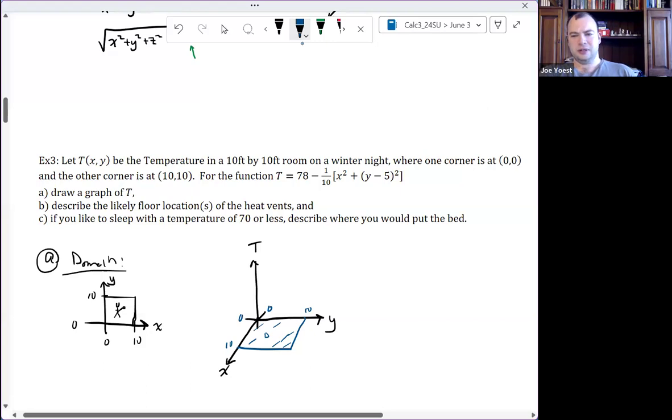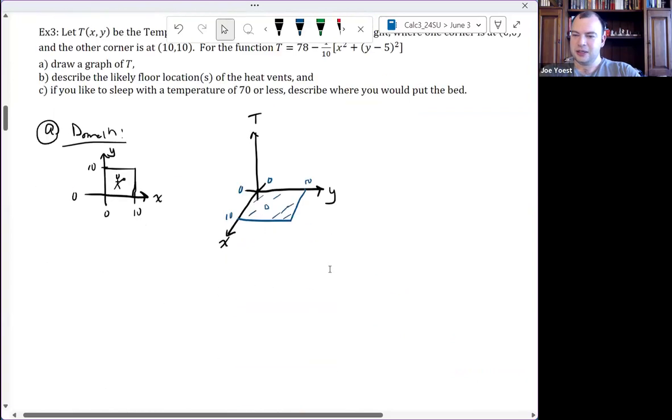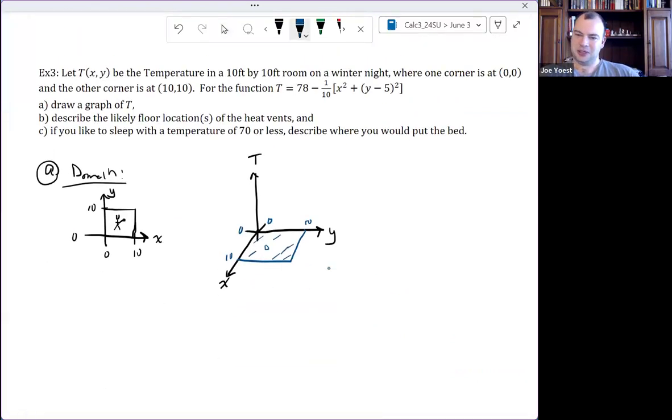And then I want a graphical representation of my temperature. So I want the surface above this domain, similar to this up here. I guess maybe I should have drawn the domain in red and the surface in blue to be consistent with the colors, but I don't think that's such a big deal here.